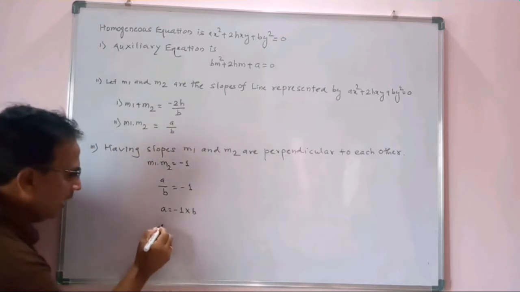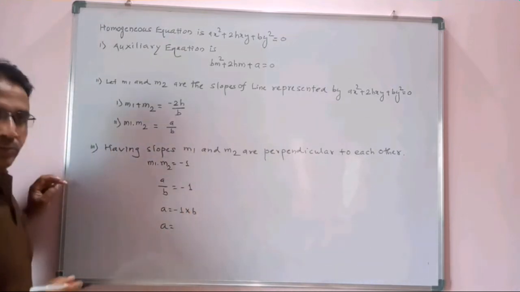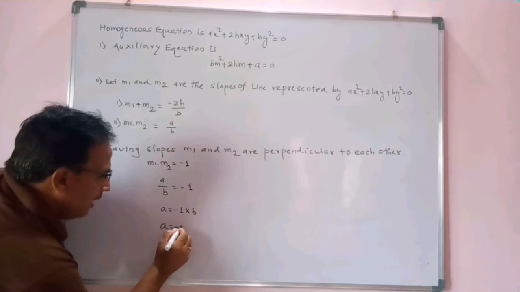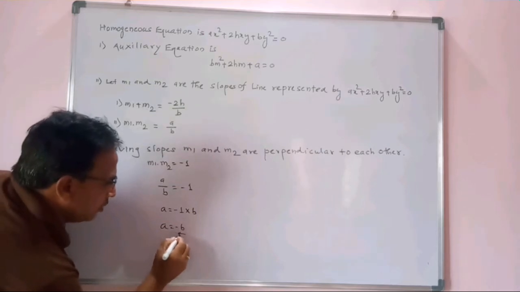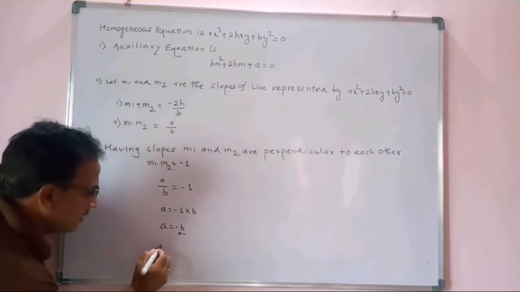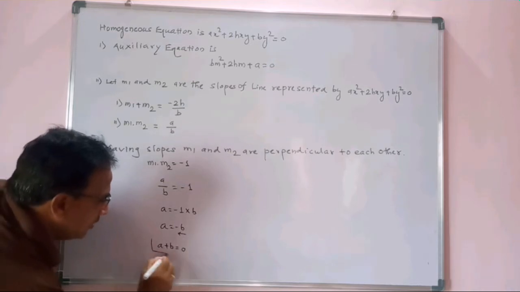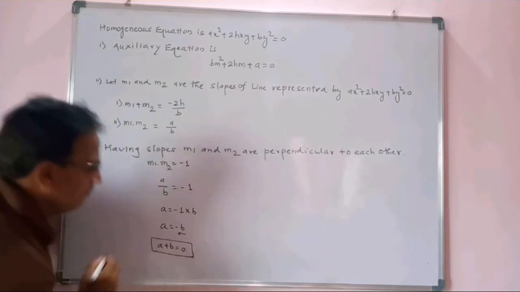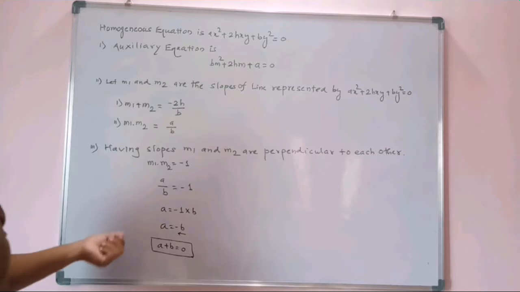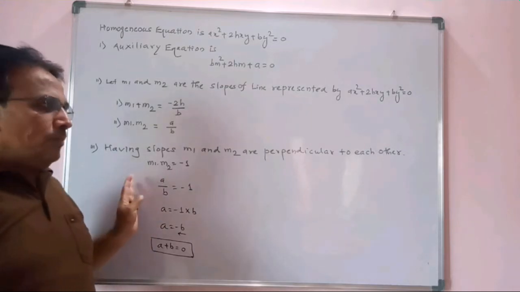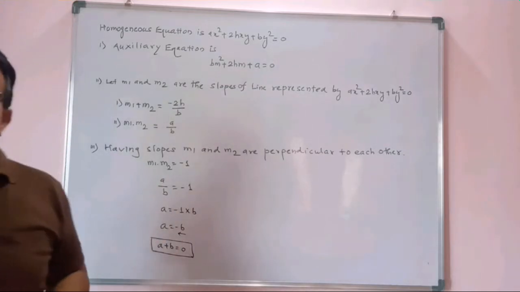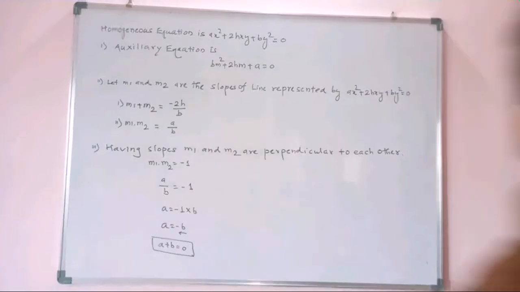Transposing minus b to the left side, we get a plus b equal to 0. This is the condition for perpendicular lines: a plus b equal to 0.